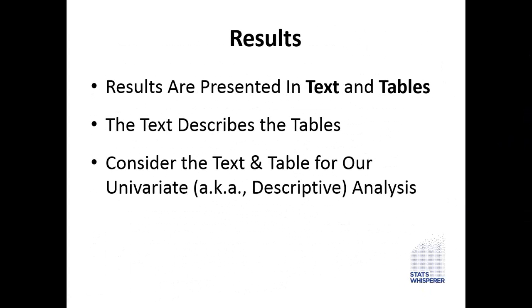Now the results, right? So all that was just the methods, right? We haven't even gotten to the results yet. So it's a process, right? So the results are presented in text and tables, right? And maybe intuitively, the text describes the tables, right? So let's consider the text and tables for the univariate analysis in sample study 1.